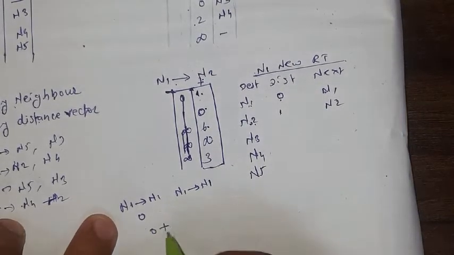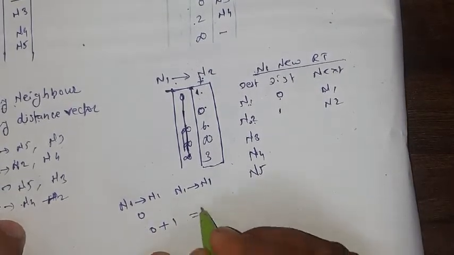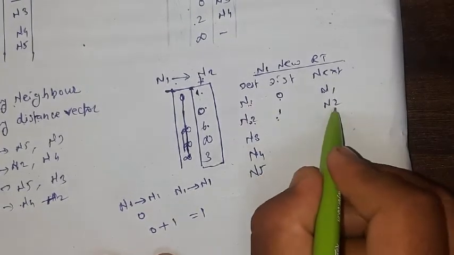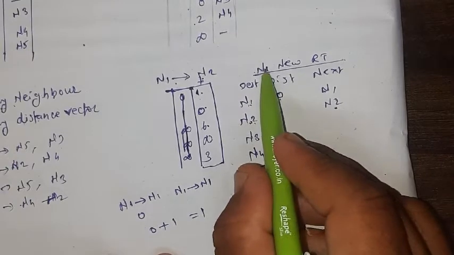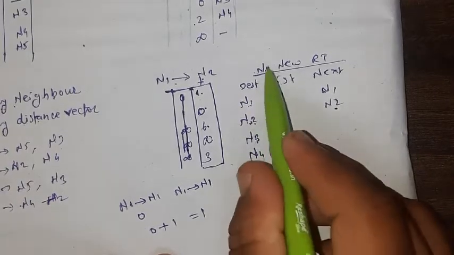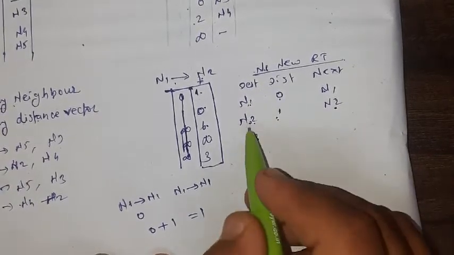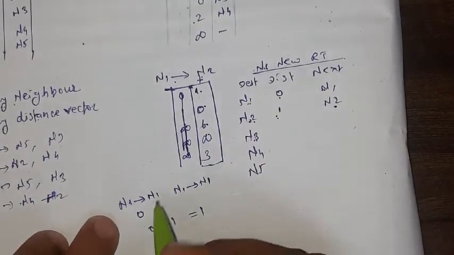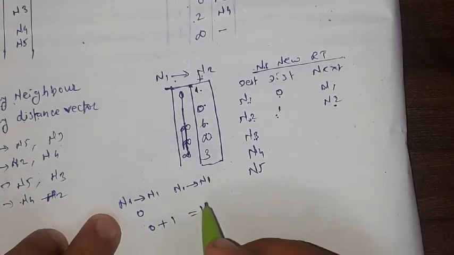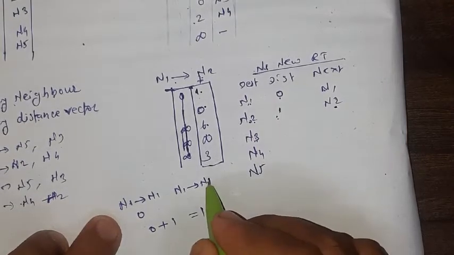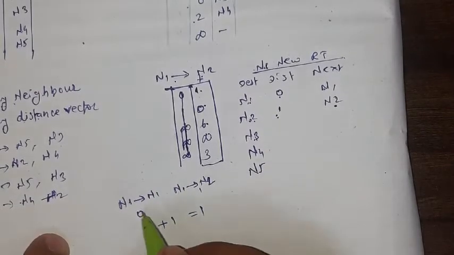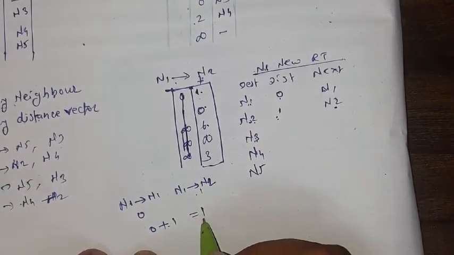So 0 plus 1 equals 1. That's why we write 1 here, and the next node is 2. Then n1 to n2 is 1, so 0 plus 1 equals 1.